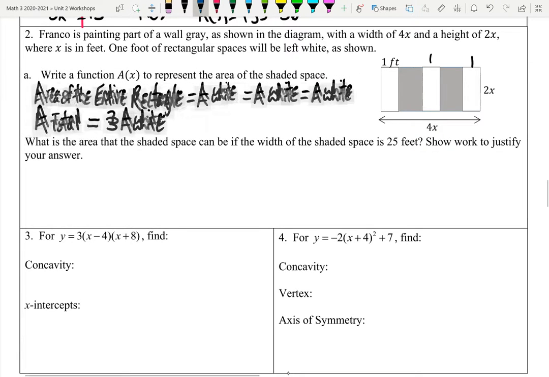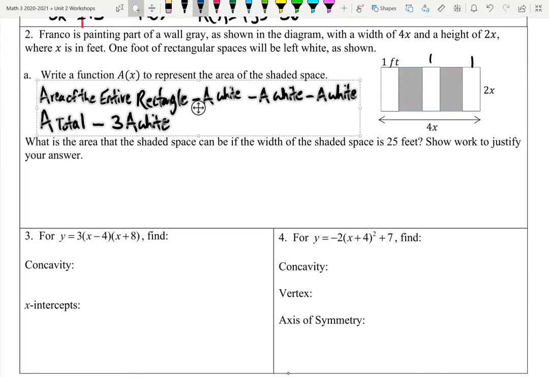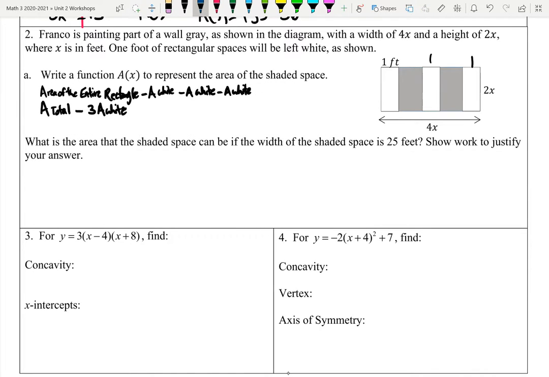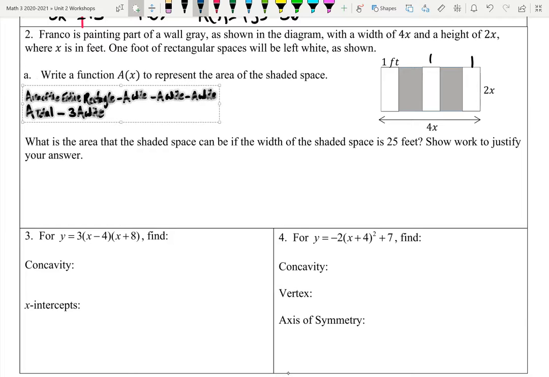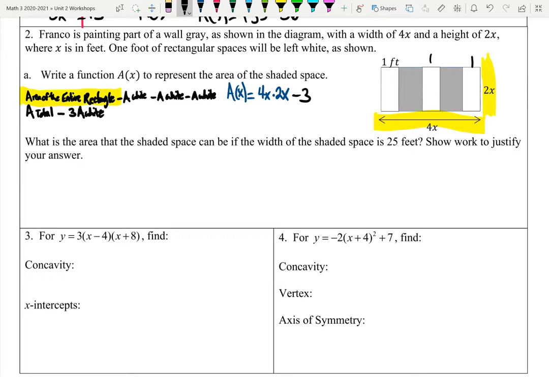So let me go ahead and find the area of the entire rectangle. Well, the area of the entire rectangle is going to be length times width. So the area of this shape is going to be 4x times 2x minus 3 rectangles.